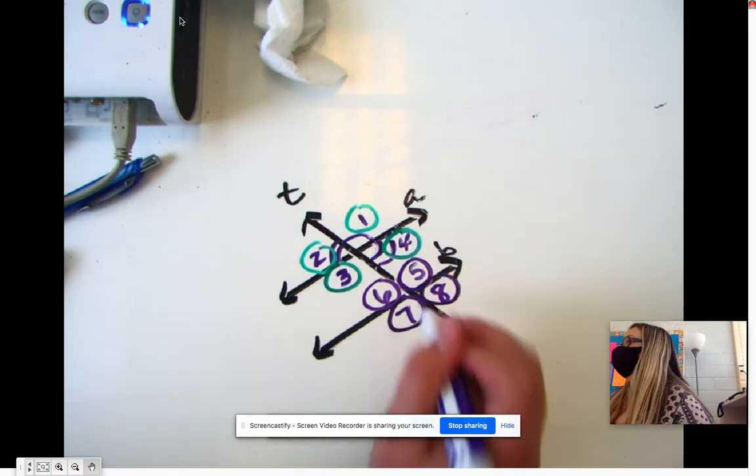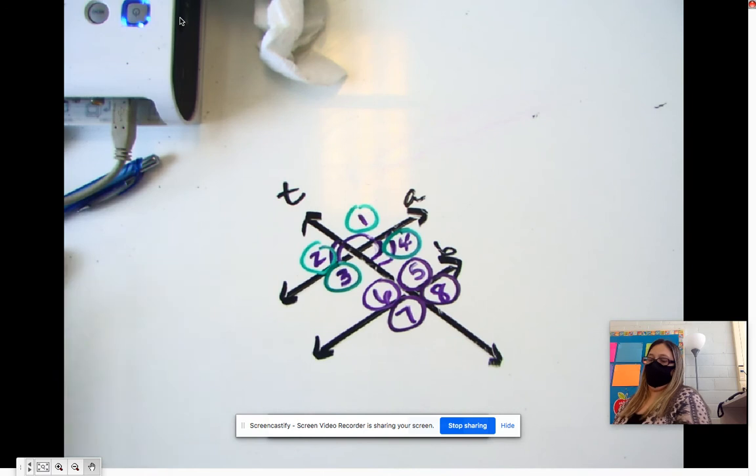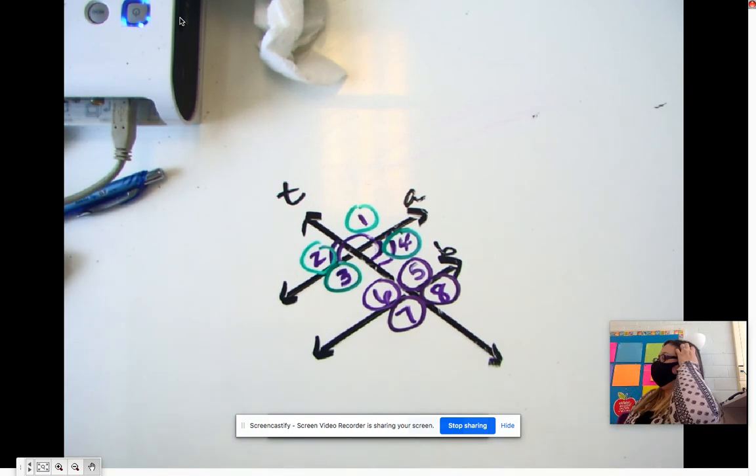So the first relationship we're going to bring up is if I look at the green angles, those are all the angles associated with line A. If I take angle 1, do you agree that that is the top right angle of those 4? Like if I was breaking those up into 4, its position is up top on the right. Out of all the green ones? Yes. Okay. If I had to match its position to the purple ones, which number matches the purple?